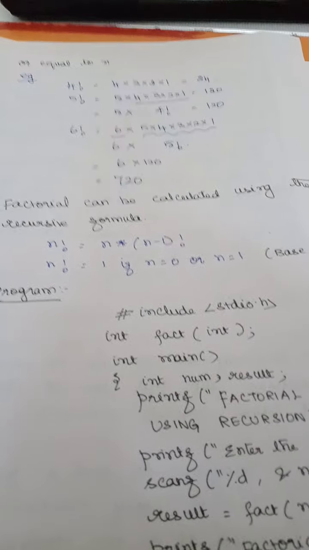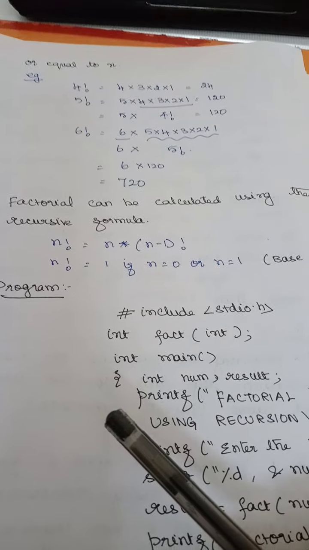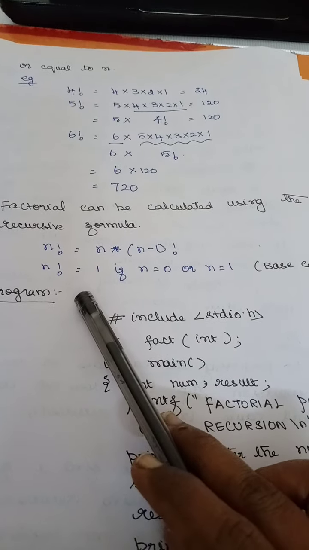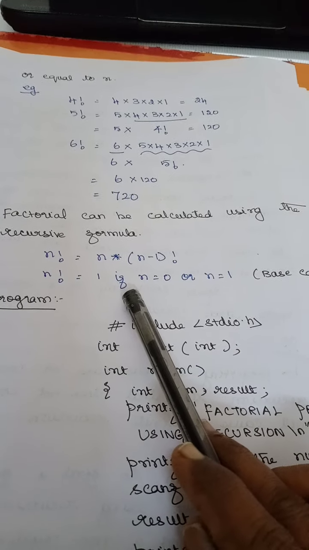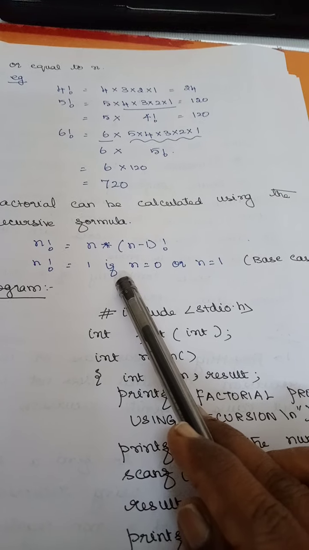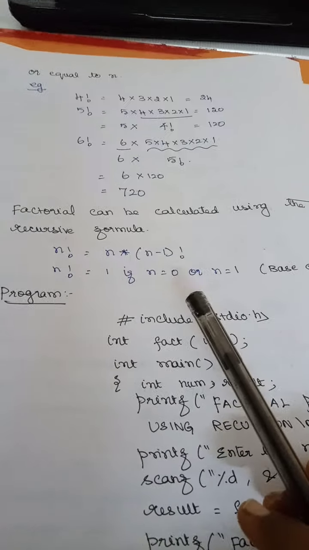So I can keep on calling my recursive function to calculate the factorial of a number. And what is going to be my base condition? If n equals 0 or n equals 1, we already know 0 factorial is 1, and similarly the factorial of 1 is also 1.